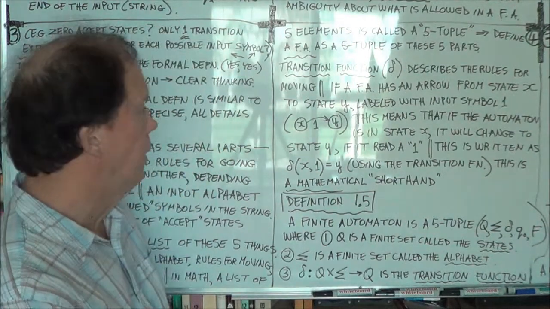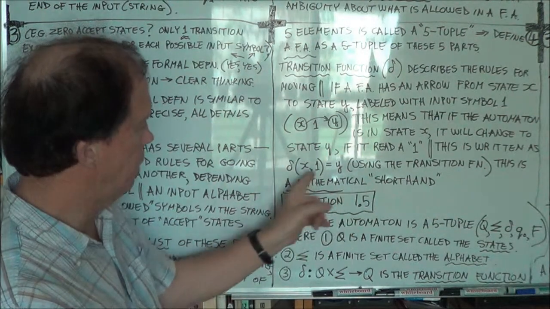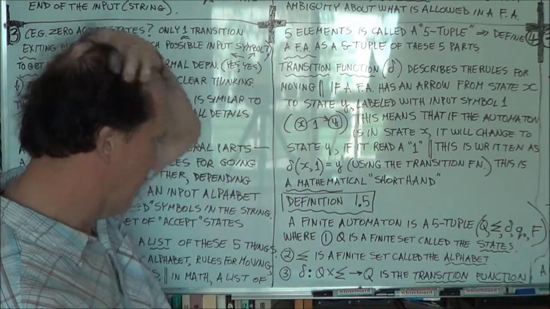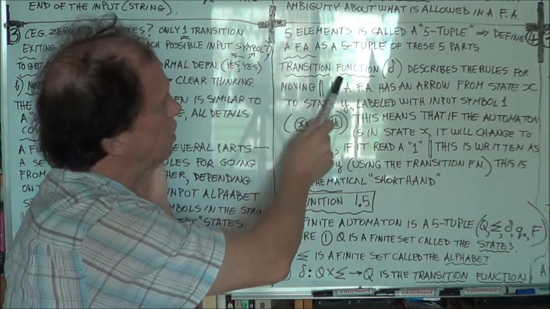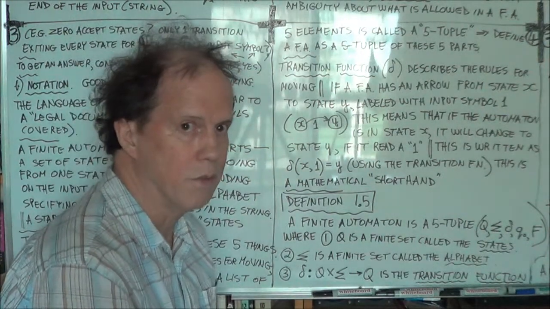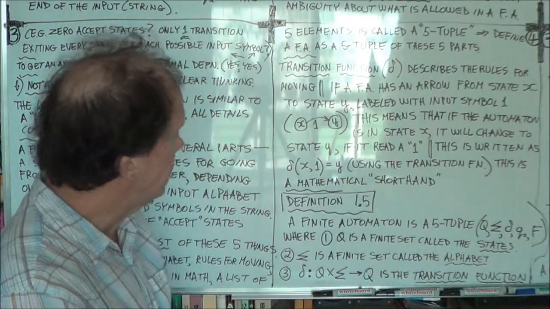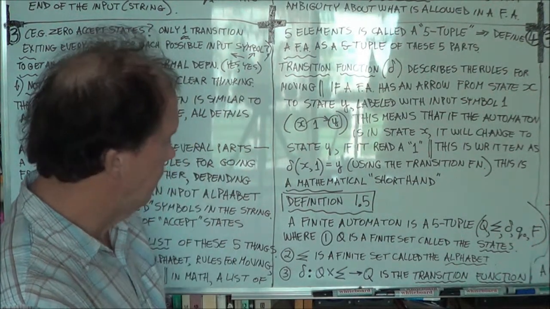Okay? It's a kind of mathematical shorthand, but it's quite precise. All right. So now that we're going to use the transition function delta to describe the state transition table, we can now write out in formal terms the definition.